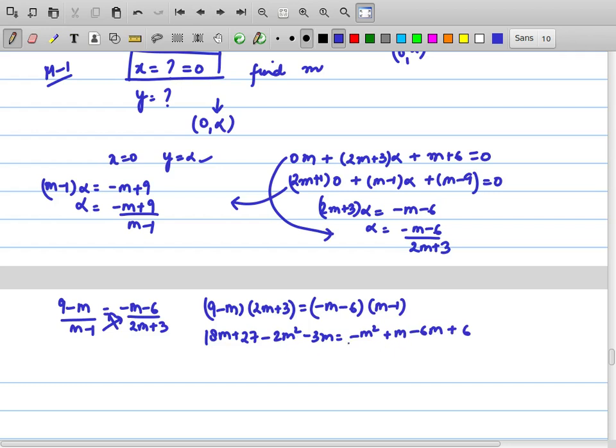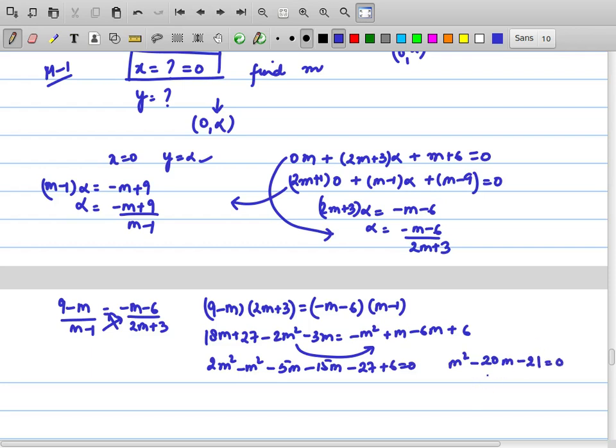We take everything to the right hand side. We have 2m square minus m square, minus 5m, and this is 18 minus 3, 15, minus 15m, minus of 27 plus of 6 is 0. Therefore, we get m square minus 20m minus 21 is 0.